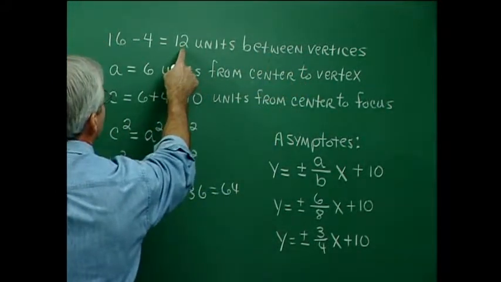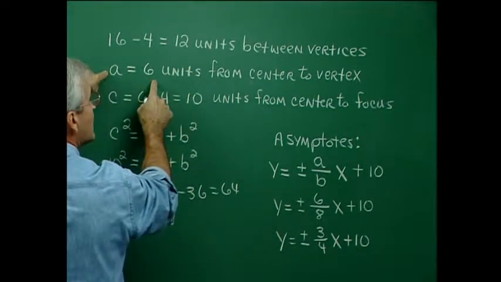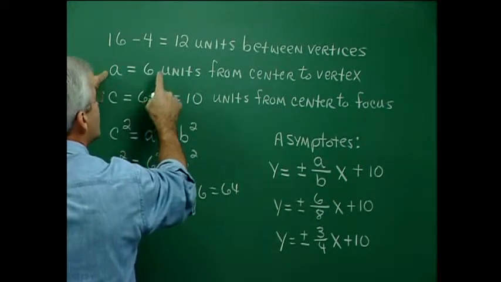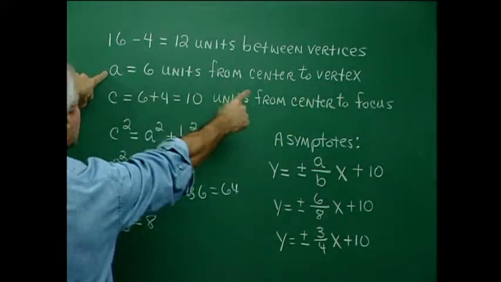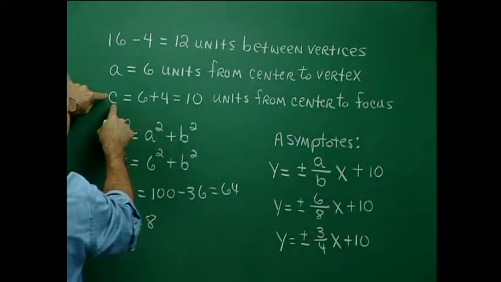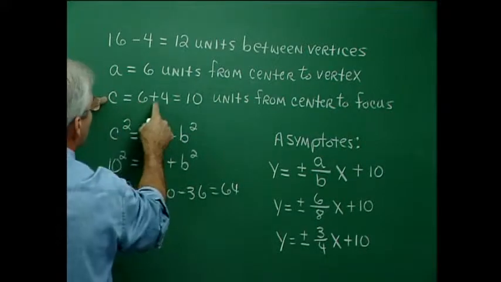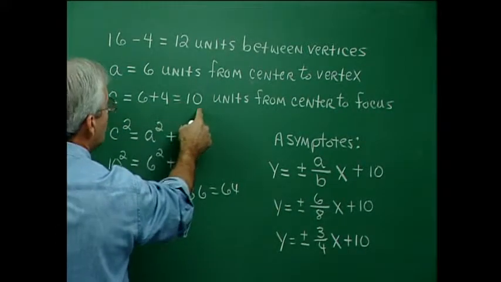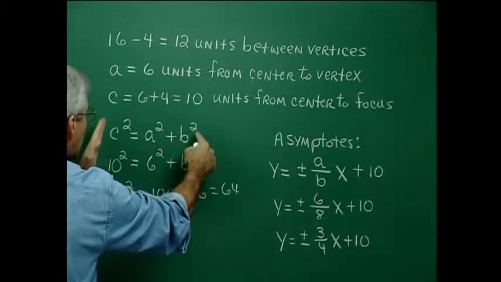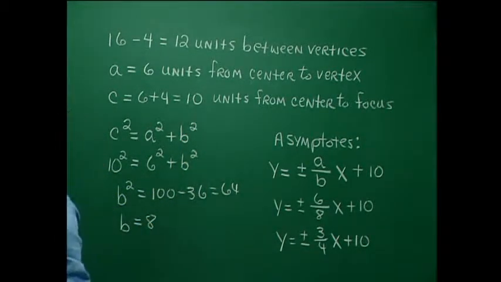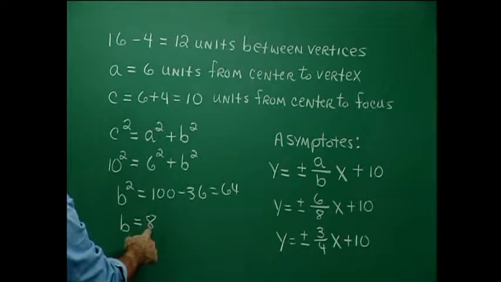And half of 12 is 6, so the A value is 6. So 6 units from the center to the vertex is what we're calculating here. And then the C distance is 6 plus 4, or 10 units from the center to the focus. And now, using our relationship between A, B, and C, we can find the B value to be 8.